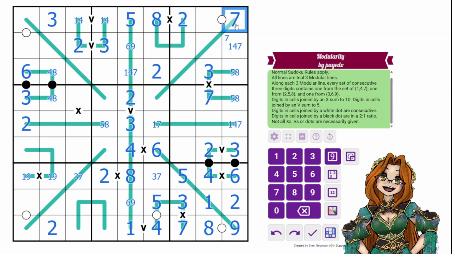So we know this is the 7 actually, which is consecutive with 6 because it can't be consecutive with 8. Let's take 7 out of here. It also makes this part of 147, but it can't be 7 and it can't be 4, so this is a 1. 7.